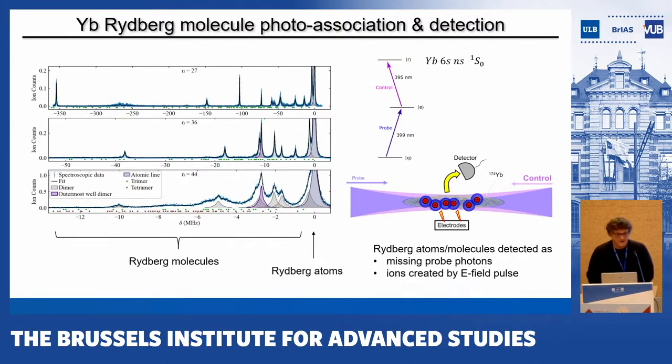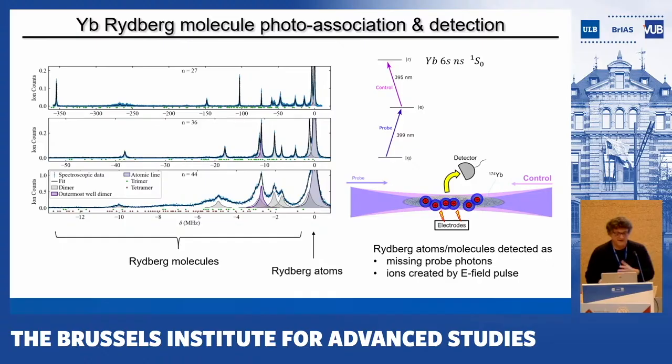And these molecular states, you can think of it from a chemistry point of view, we photo-associate these molecules in the background gas. And basically how this shows up in our spectroscopy is there is always an atomic line here where we just make an isolated Rydberg atom.